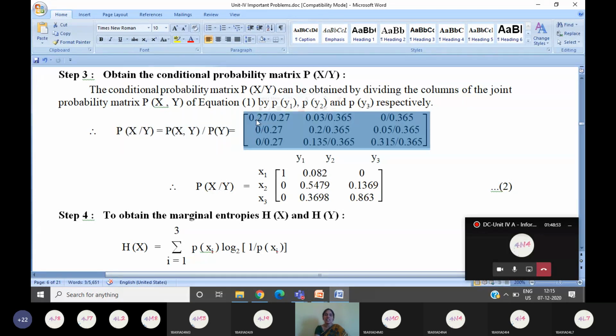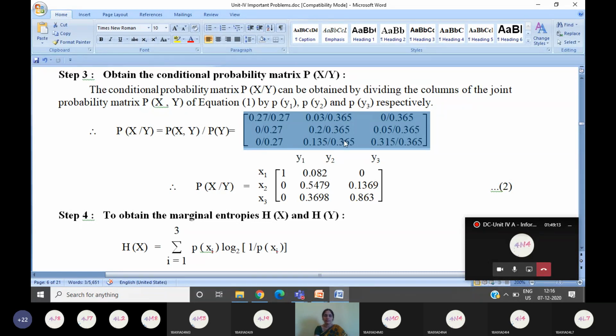Now the first column of P of xy is divided with P of y1. So P of y1 is 0.27. Accordingly we divide it. Next, the second column of P of xy is divided with P of y2, that is 0.365. So that is why the second column is divided with P of y2.